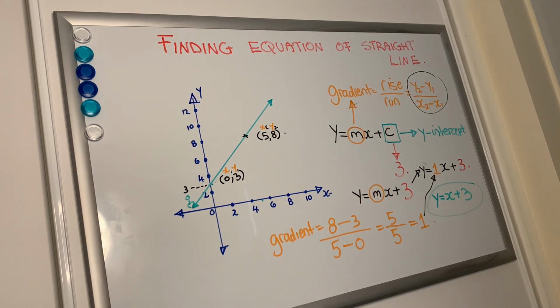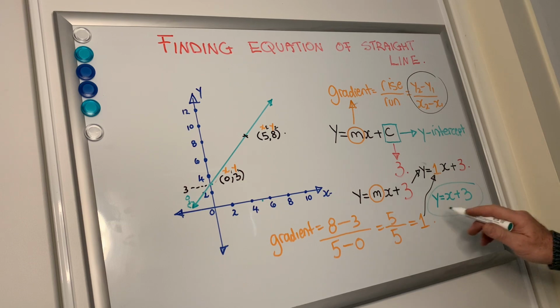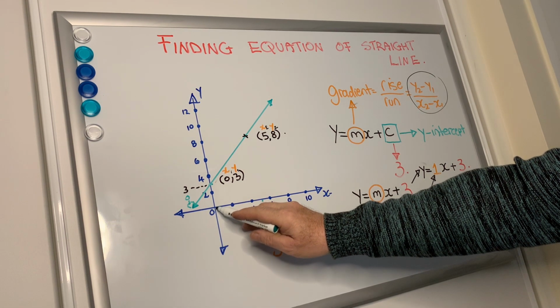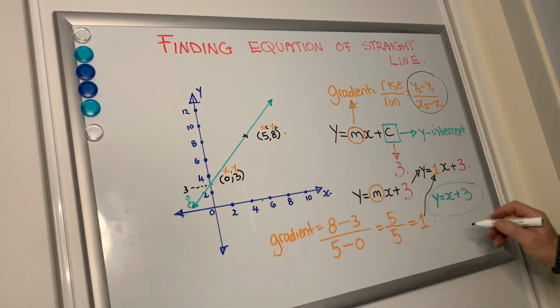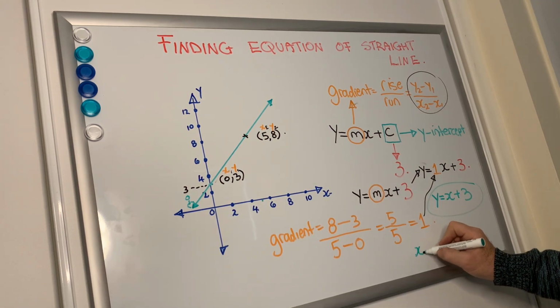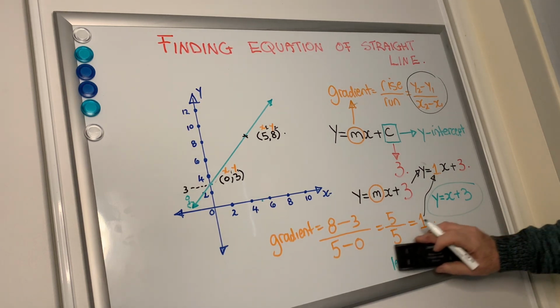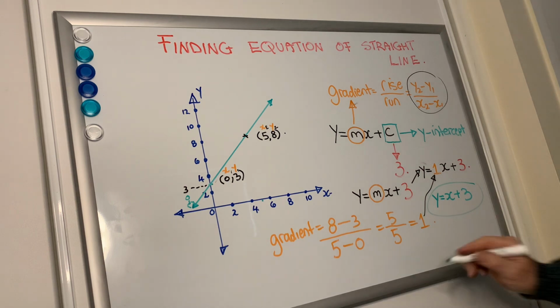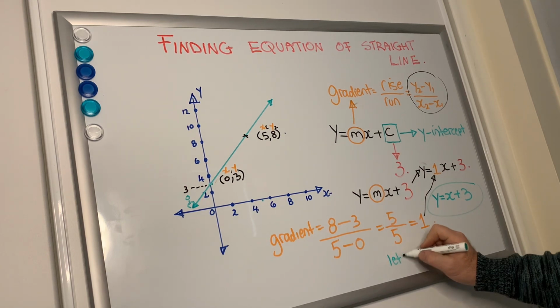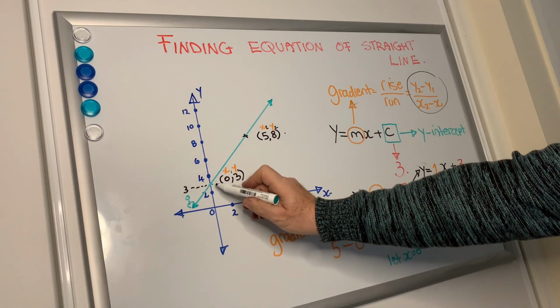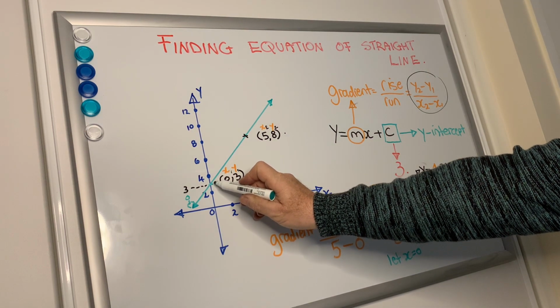If we wanted to check this equation, let's say we put the value of x being 0. Just to prove it, let x equal 0. In this instance, y should equal 3, because it cuts through 3.